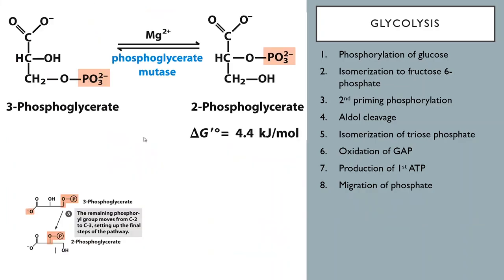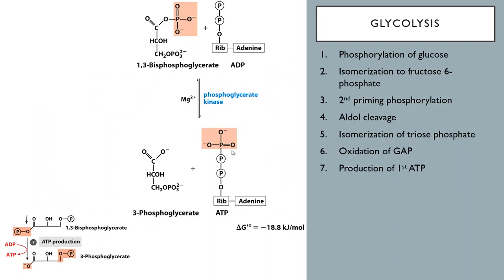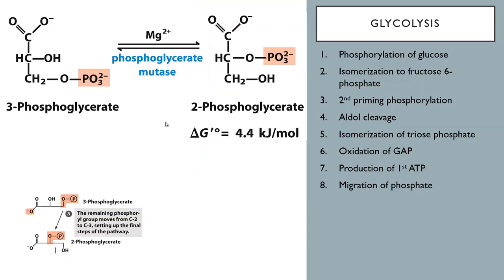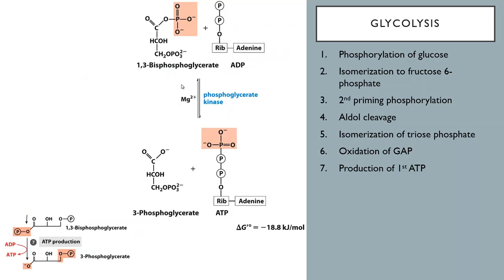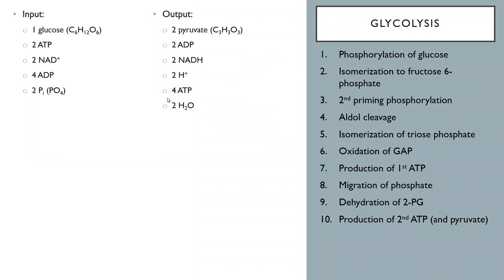So if we back up, remember that we have 2 ATP producing steps, one here by pyruvate kinase, and one here carried out by phosphoglycerate kinase. Both of those reactions produce ATP, but remember that from one glucose we have 2 bisphosphoglycerates and 2 phosphoenolpyruvates. So you end up with a total of 4 ATPs produced.